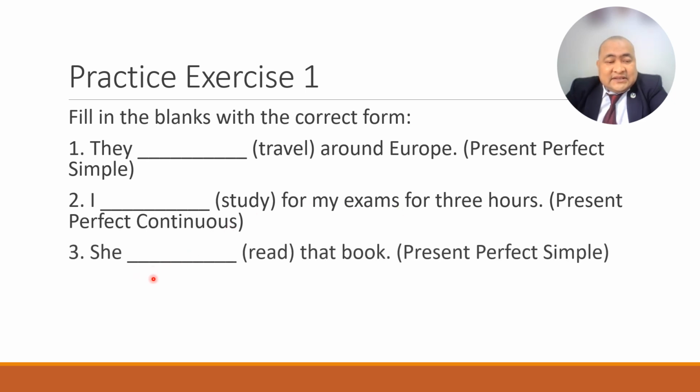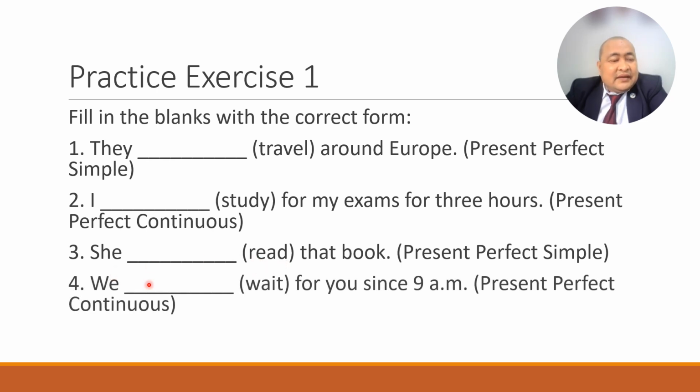Number three, she read that book. Present perfect simple. She has read that book. Read, the verb 3 is read, read, read. Four. Present perfect continuous. We wait for you since 9 a.m. Continuous, so we have been waiting for you since 9 a.m.